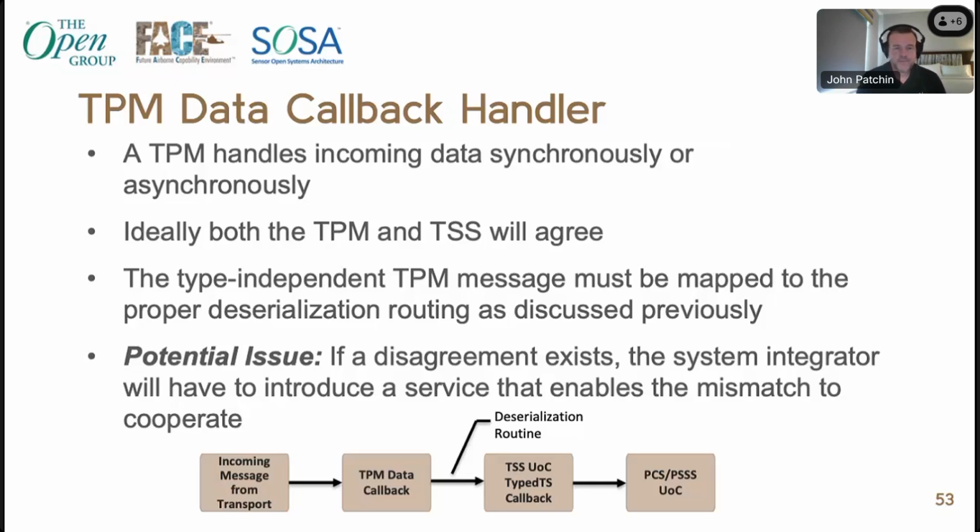Again, if there is a disagreement on whether data is handled synchronously or asynchronously, it'll be up to the system integrator to create a service or some kind of mechanism that will handle that inconsistency.